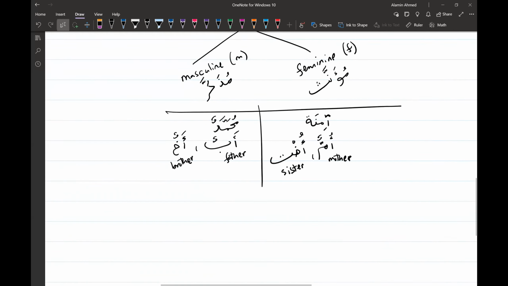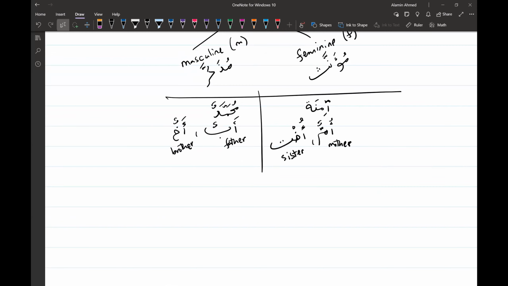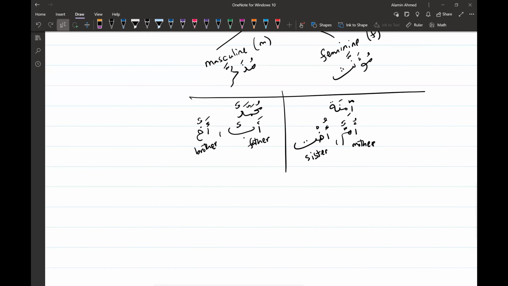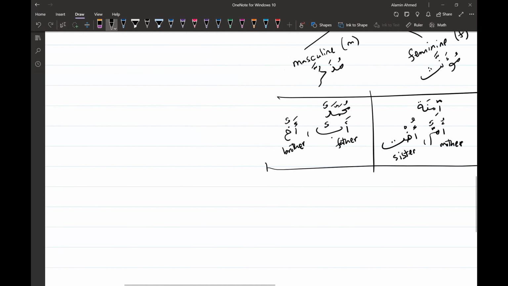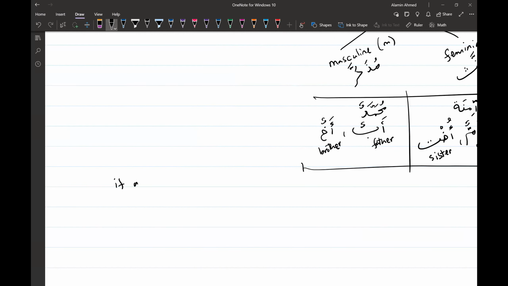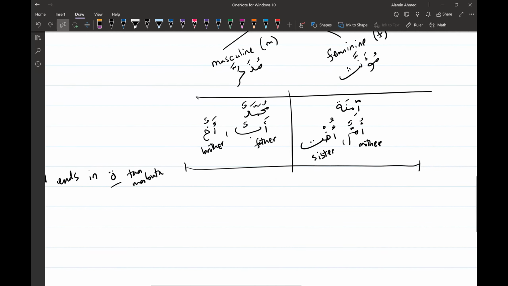For example, in Arabic language, if a word ends in ta marbuta, it is considered feminine.